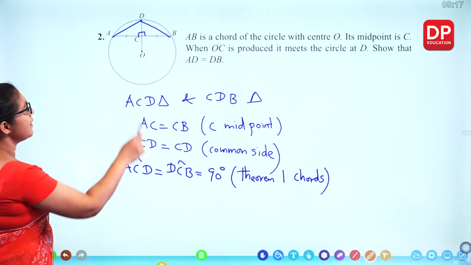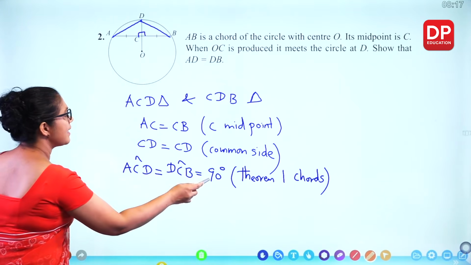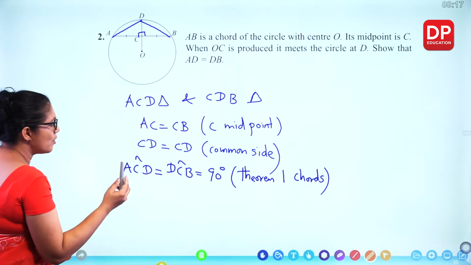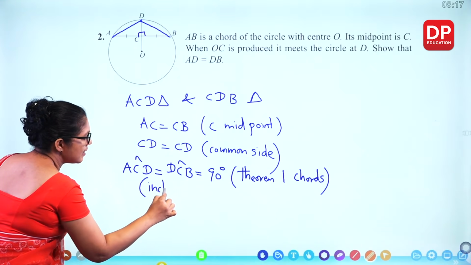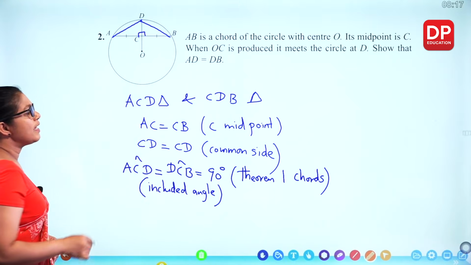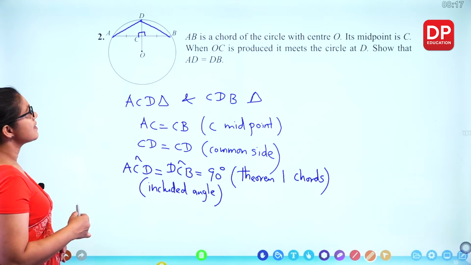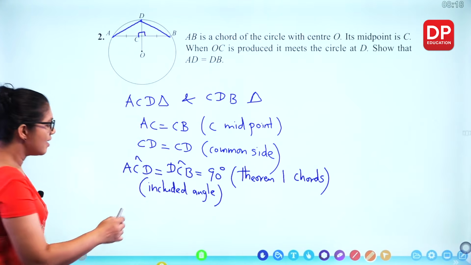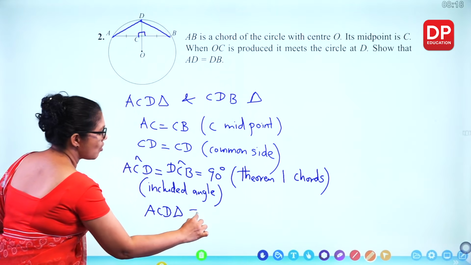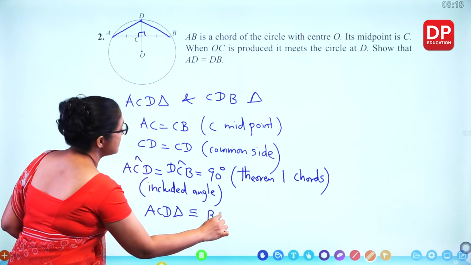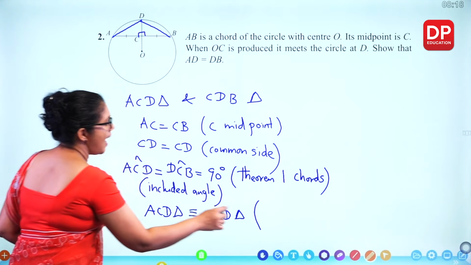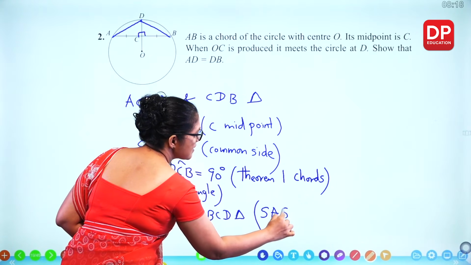So here when you look at these two triangles, one angle and two lengths, and also this angle is the included angle to these two equal lengths. So that means these two triangles are congruent. So we can write ACD triangle is congruent to BCD triangle. What's the situation? It's a side angle side.